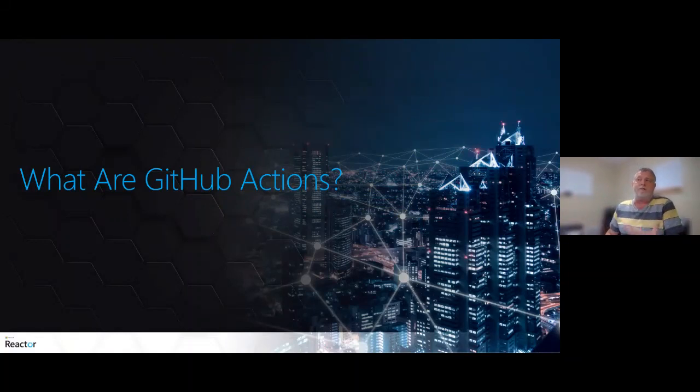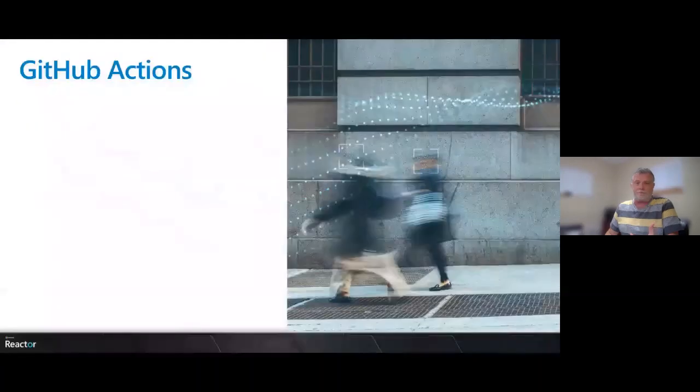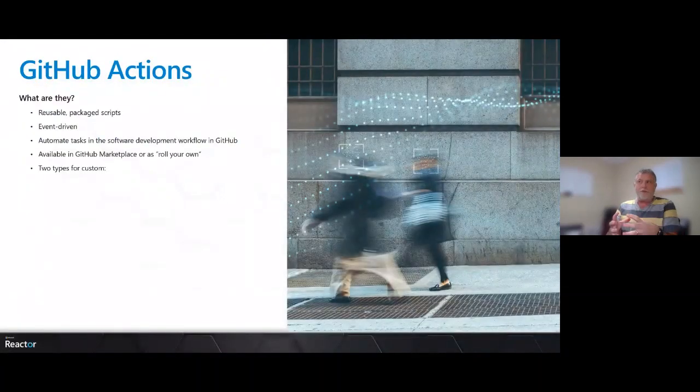So what are GitHub Actions? GitHub Actions are basically just reusable packaged scripts that are event-driven, right? They can be kicked off in response to a specific event, and they're used to automate tasks in our software development workflow, but specifically in GitHub.